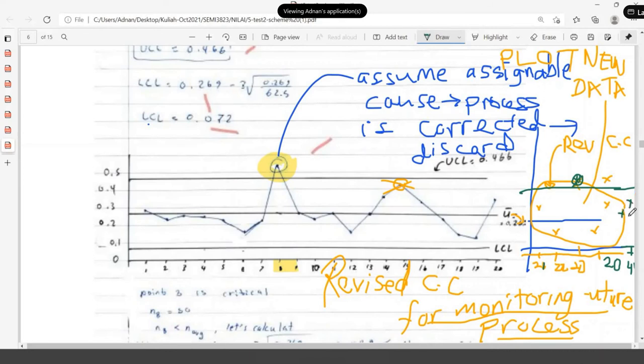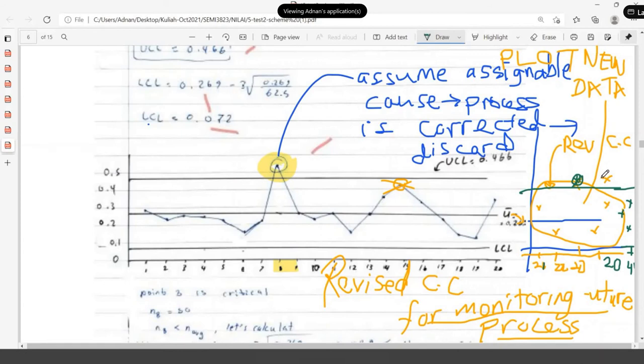So maybe it's not systematic. It means it is not a continuing problem embedded in the process. Maybe it just came and then came back to normal.